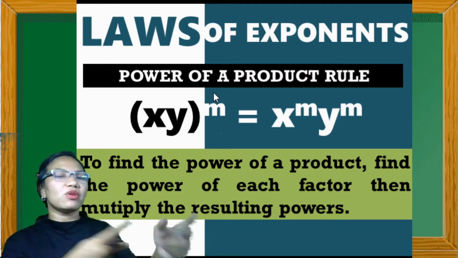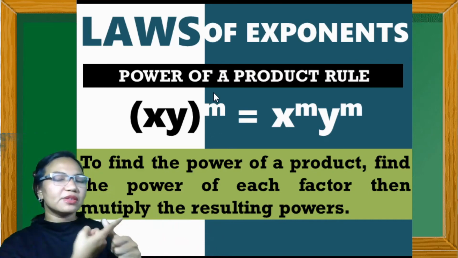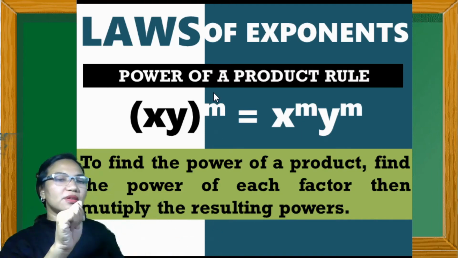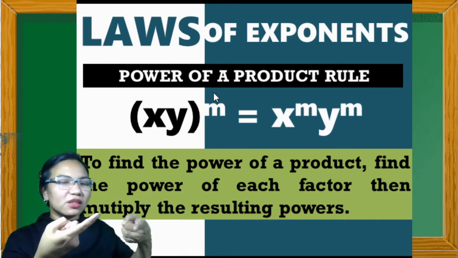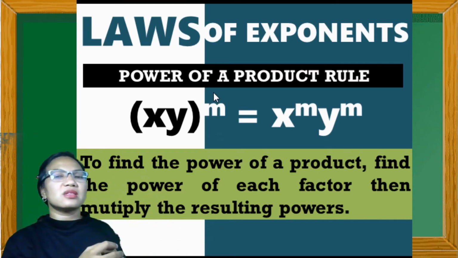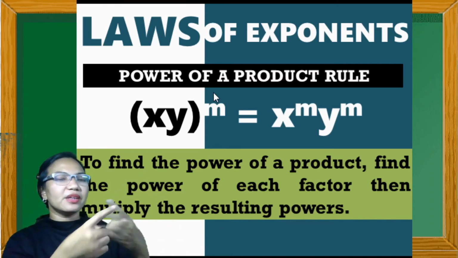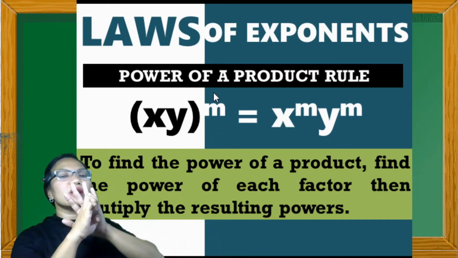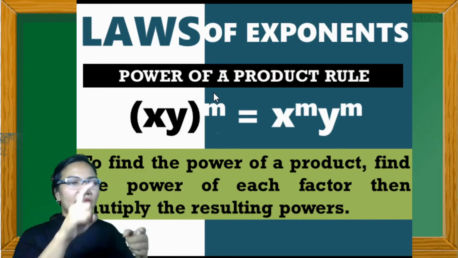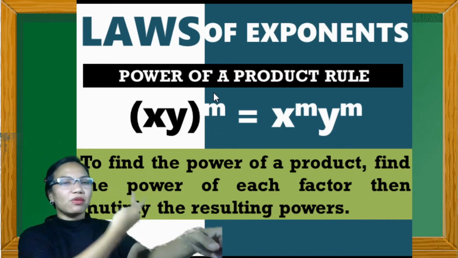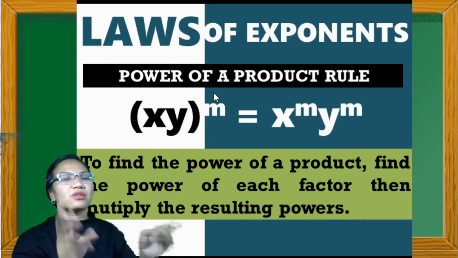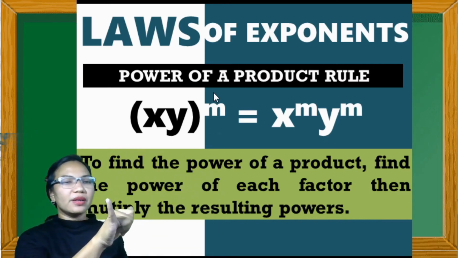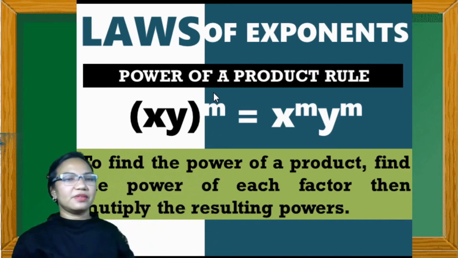In finding the power of a product, first find the power of each factor inside the parentheses, and then multiply the resulting powers. As you have seen in the sample, (xy)^m results in x^m y^m.